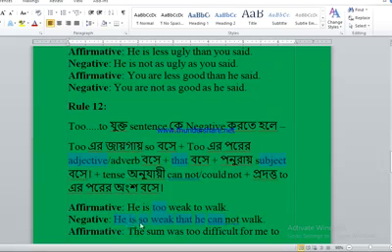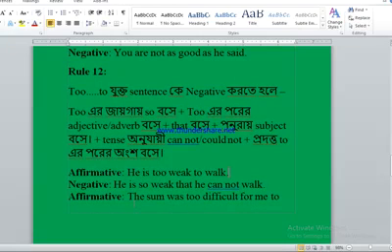If you see was, you will use could plus not, then the last word of the affirmative sentence. That means, he is too weak to walk. He is so weak that he cannot walk.